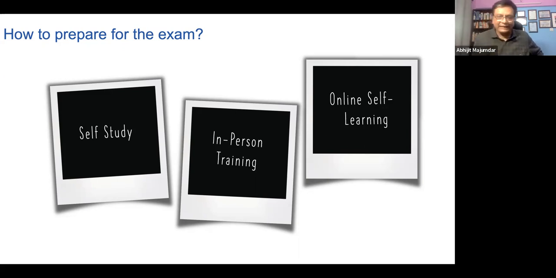Okay. Second is in-person training, whether you attend a workshop, or now of course we have online workshops. Before the pandemic, we used to have physical workshops. Either you attend the in-person workshop, or you opt for the online self-learning options which are available. The training programs are provided by the APMP authorized training organizations, known as ATOs.